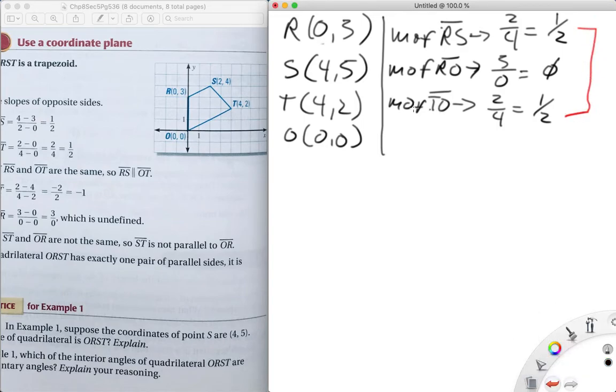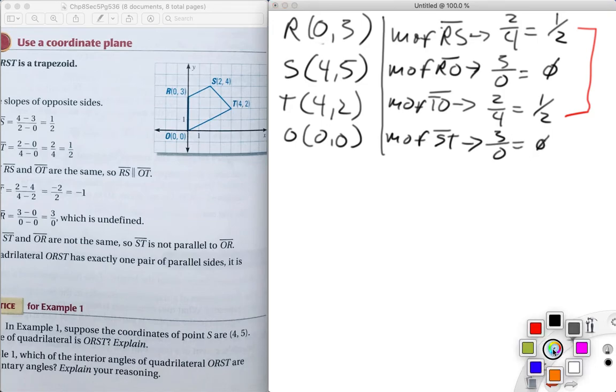So let's see what we have here. That leaves us with ST. On ST we have 3 over 0, which is undefined, meaning we have another vertical line. So we have two pairs of parallel sides.